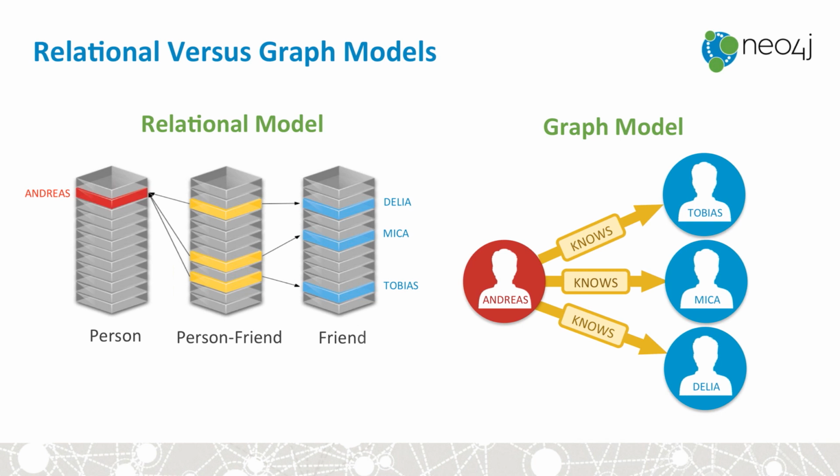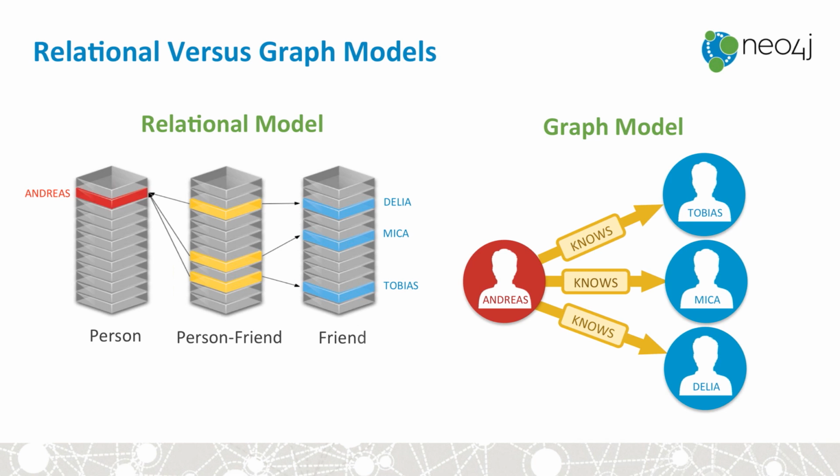As we think about taking a relational model and converting it into a graph model, it's actually a fairly simple operation because of that idea that the whiteboard model is the physical model. In a relational model, you would typically have a person, then a friend, and then a mapping between people and friends, or a self-mapping to the same table.